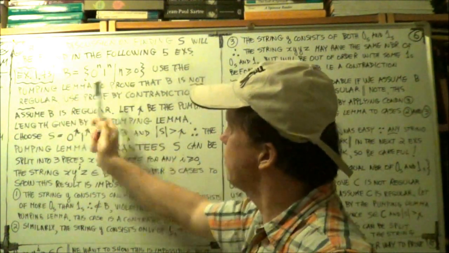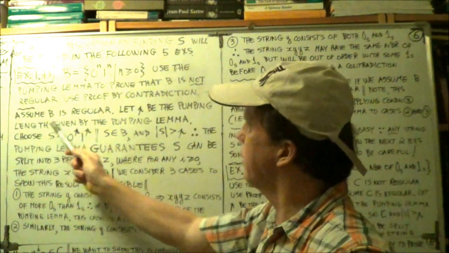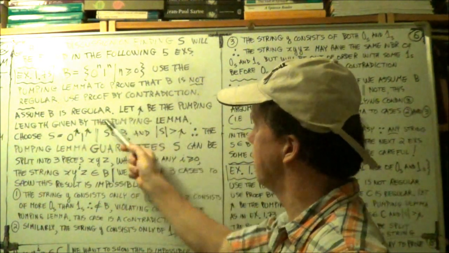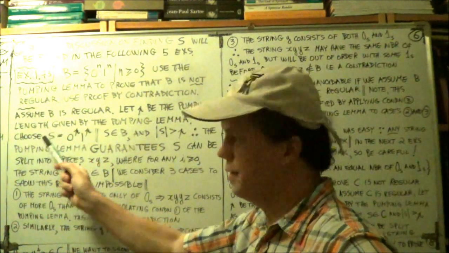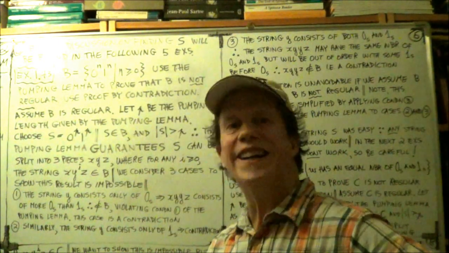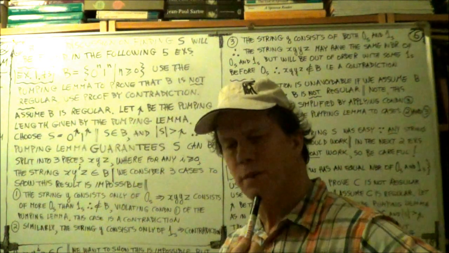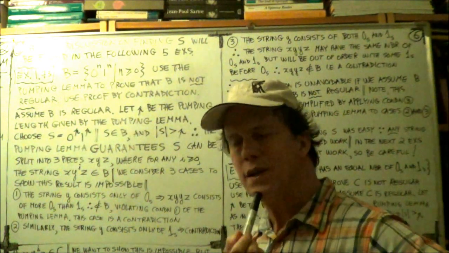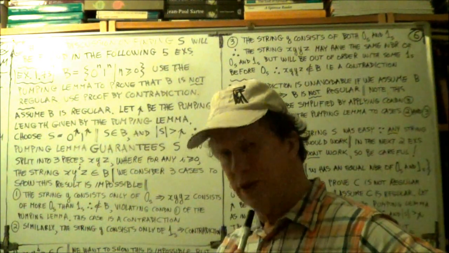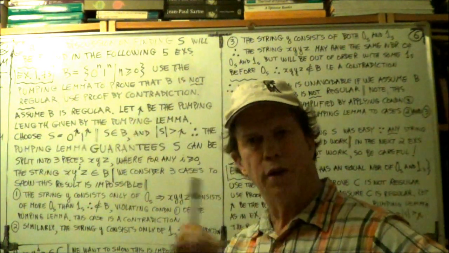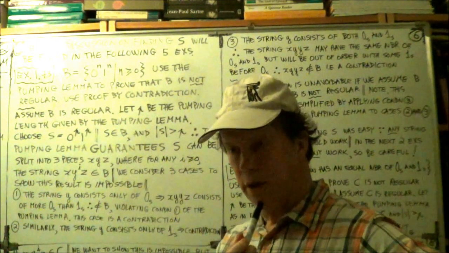So we assume B is regular. Now if it's regular, let little p be the pumping length, as given in the pumping lemma, and let's choose, and here's where the art of the proof comes in, a particular candidate string S that you hope will disobey one or more of the three conditions of the pumping lemma.